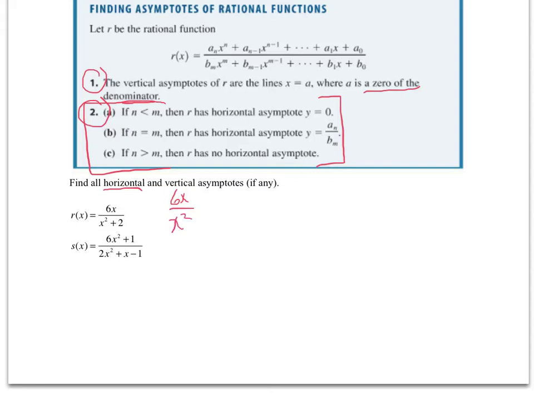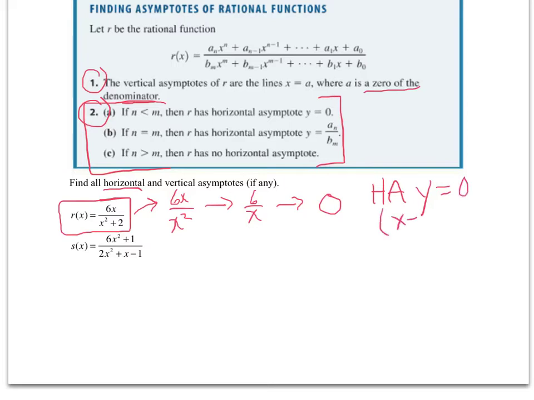So when x is large, the rational function r of x has the same behavior as the rational function 6x over x squared. But that has the same behavior as just 6 over x by simple reducing of that expression. And of course, when x is a large number, this has the same behavior as y equals 0.